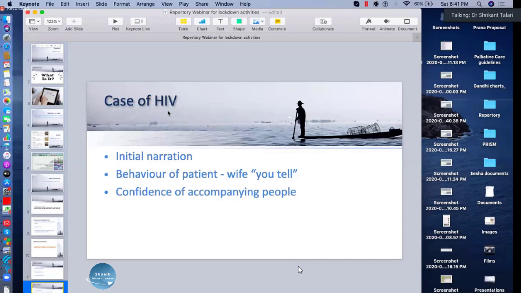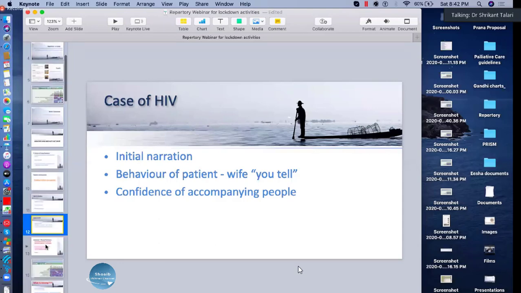He would tell his wife, you tell, I will tell the symptoms later on. I was guided by the confidence that his wife and the people referring him had, that this patient has not had any such extramarital sexual interactions. So these were my initial observations.